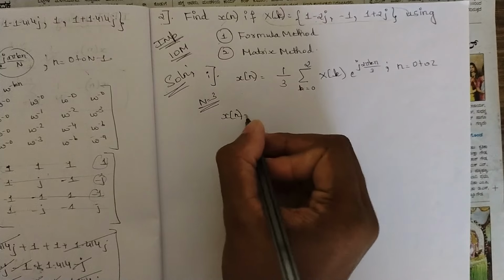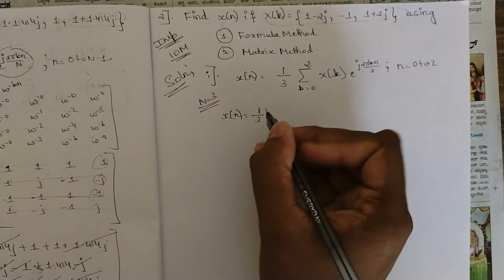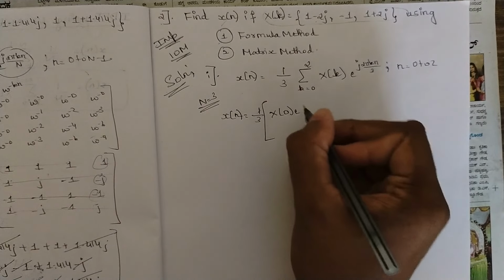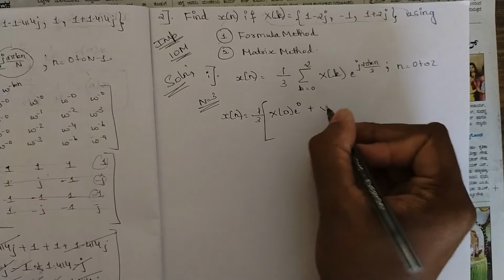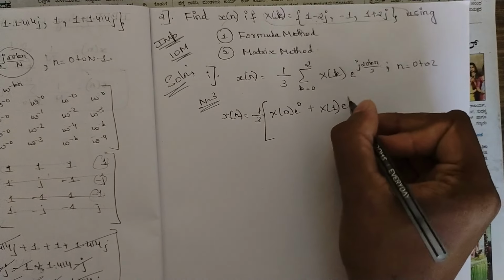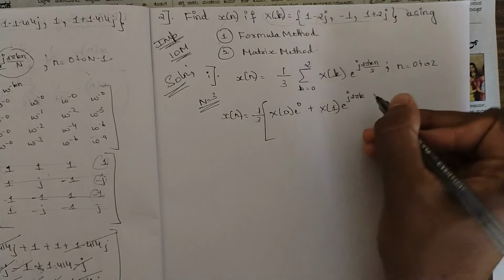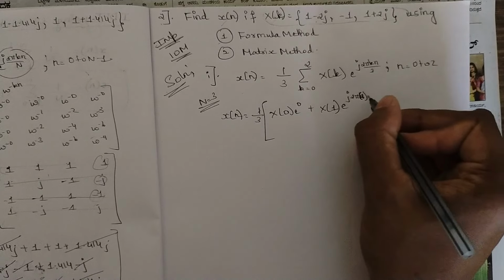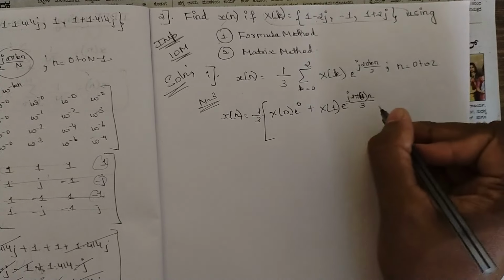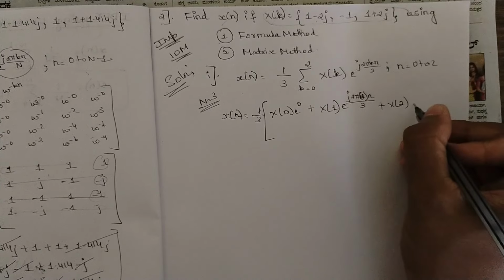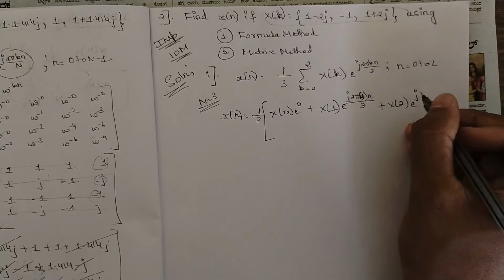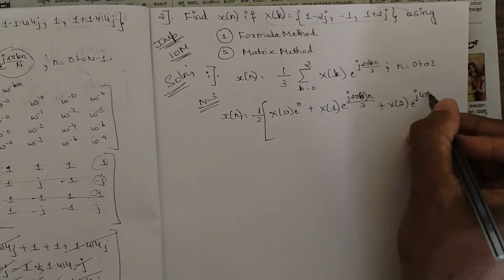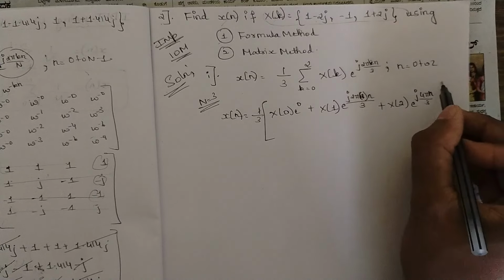First let's split the summation. x of n is equal to 1 by 3 into, split the summation, x of 0 e power 0 first term, plus x of 1 e power j 2 pi k, so the value of k is changed. So 2 pi into 1 n by 3, that is 2 pi n by 3, plus x of 2 into e power j 2 pi into 2, k value is 2 now, 2 2s are 4, 4 pi n by 3.